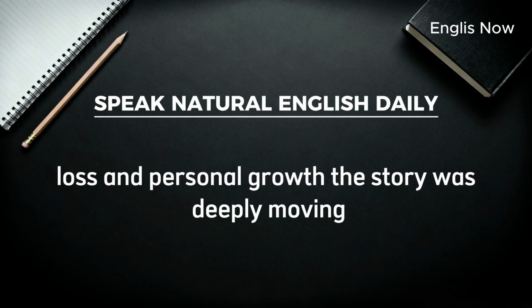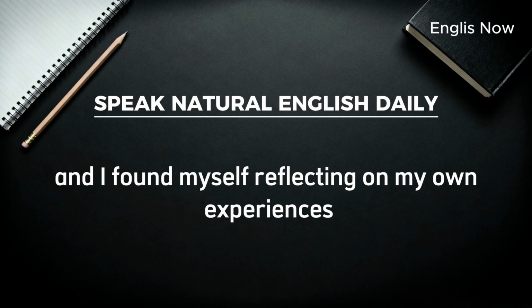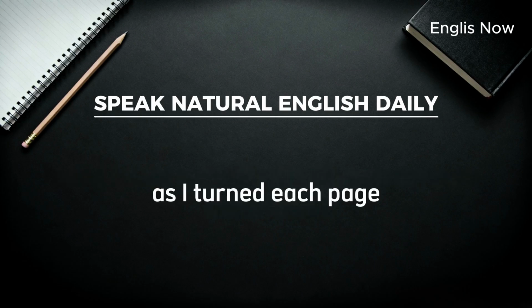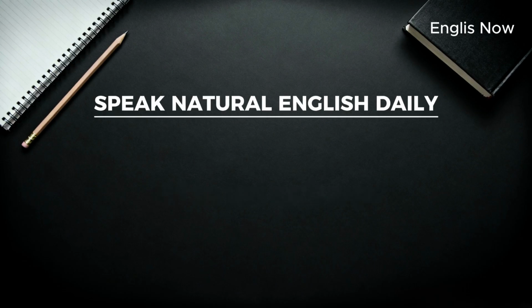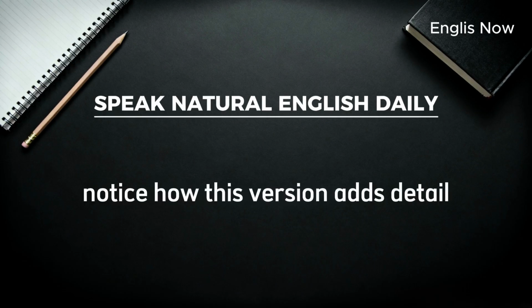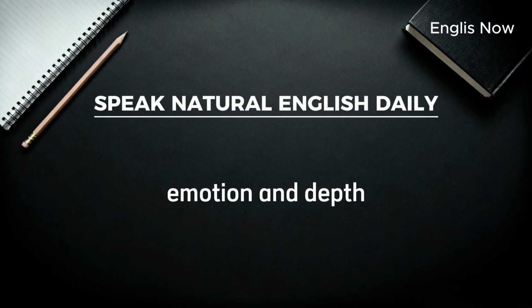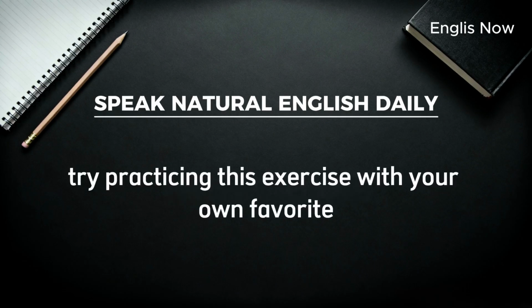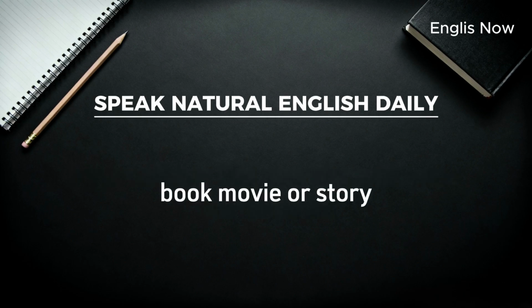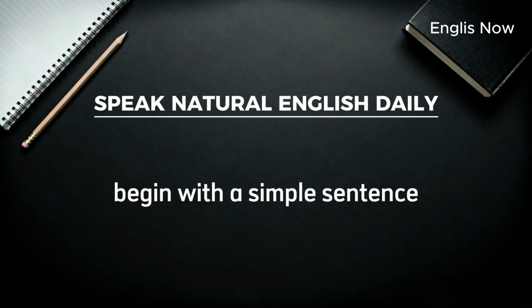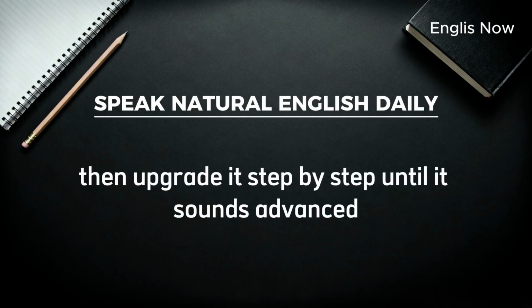The story was deeply moving, and I found myself reflecting on my own experiences as I turned each page." Notice how this version adds detail, emotion, and depth. Try practicing this exercise with your own favorite book, movie, or story. Begin with a simple sentence, then upgrade it step by step until it sounds advanced.